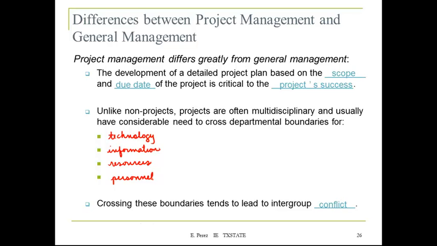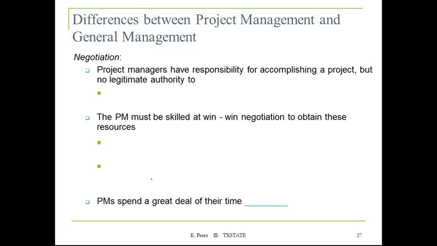And one of the most important things for a project manager is, if you want to be successful as a project manager, you need to be able to manage conflict. So negotiation is very important. Project managers have the responsibility for accomplishing a project, but no legitimate authority to command the required resources from the functional departments.